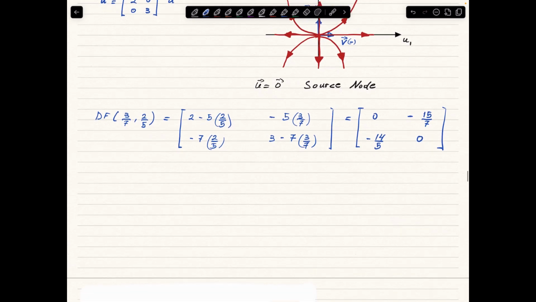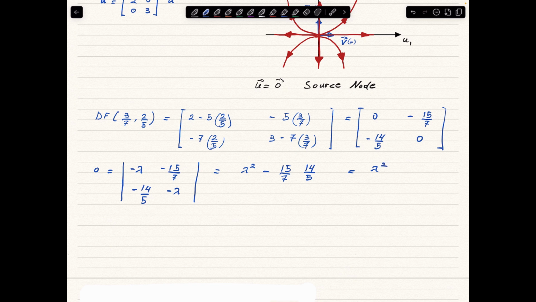If we compute the eigenvalues of that matrix, what we need to do is solve 0 equal to the determinant of the matrix with minus lambda, negative 15/7, negative 14/5, minus lambda, which is nothing more than lambda squared minus, we are going to have 15/7 times 14/5, the negative signs cancel out, but this is nothing more than a number.